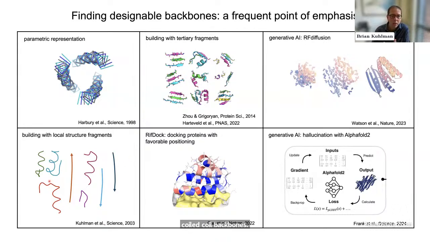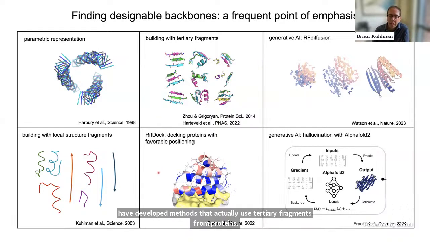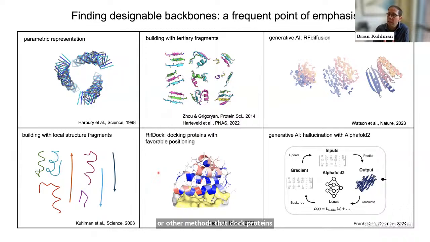I told you about in the Top7 project using local structural fragments to ensure designability. People have developed methods that actually use tertiary fragments from proteins, or other methods that dock proteins together in a way where the interface should be inherently designable from that docked position.